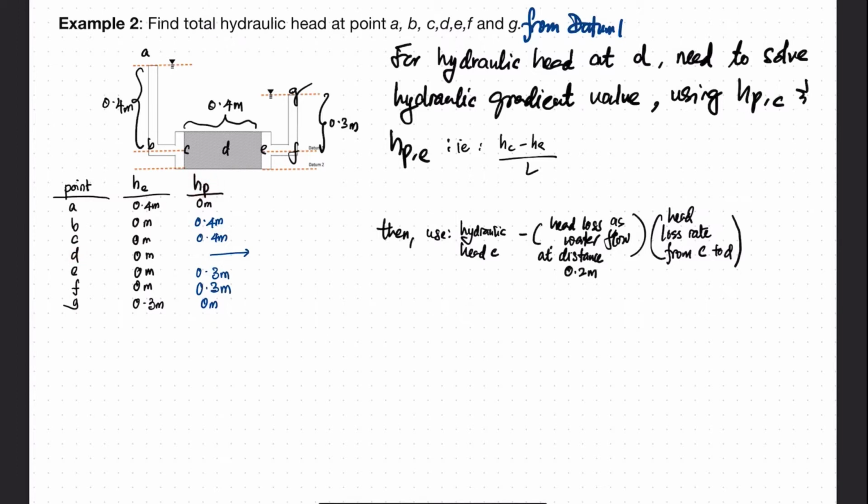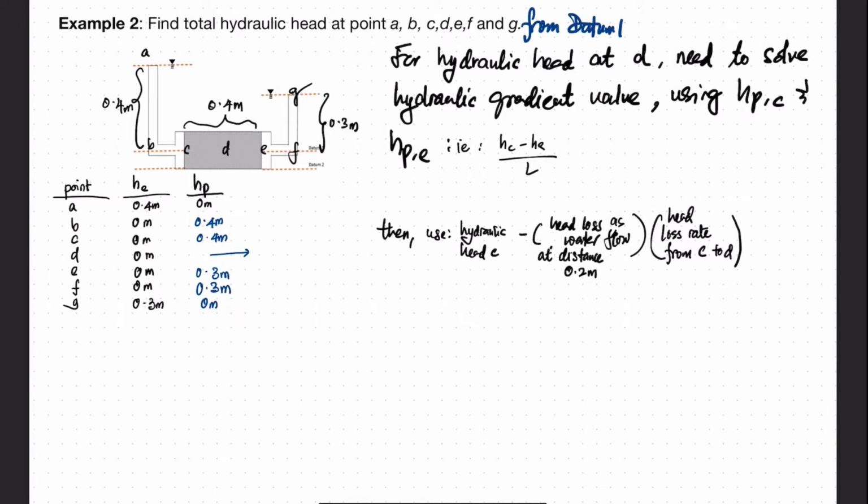If you look at the diagram, I already shrunk it, but it's the same diagram as the previous, a bit cleaned up. You see D is actually positioned in the middle of this media, and the length of this media is 0.4 meters. For hydraulic head at point D, you need to solve the hydraulic gradient value at upstream and downstream from the point.